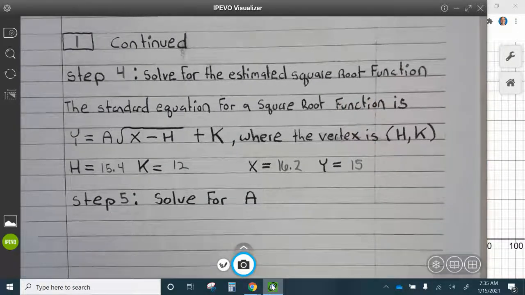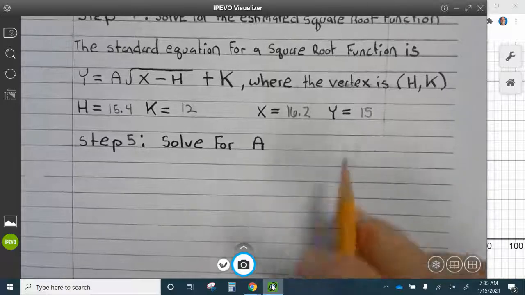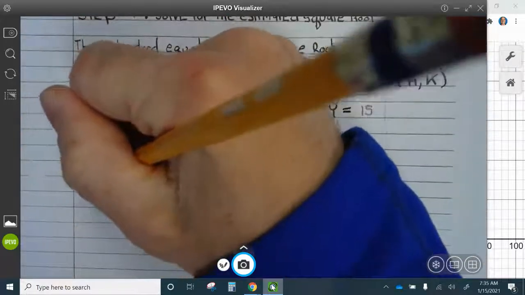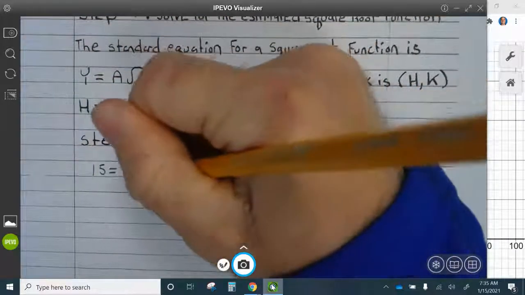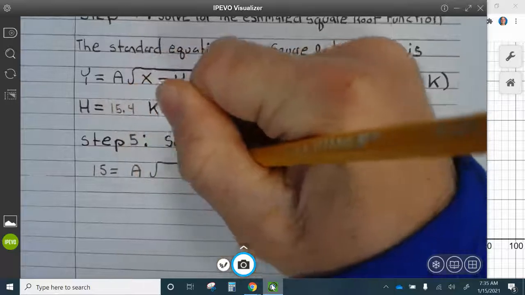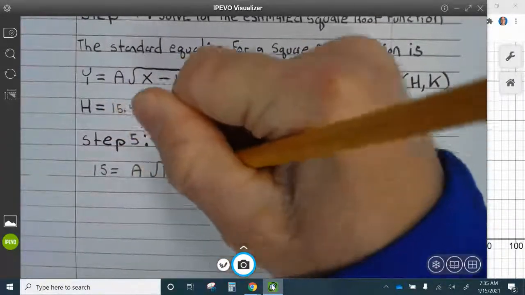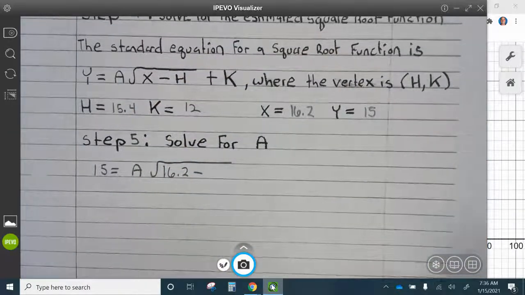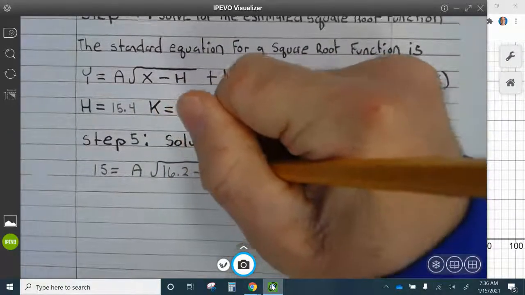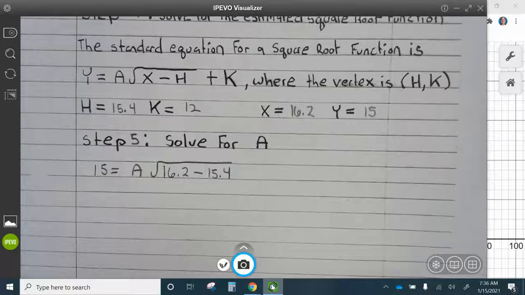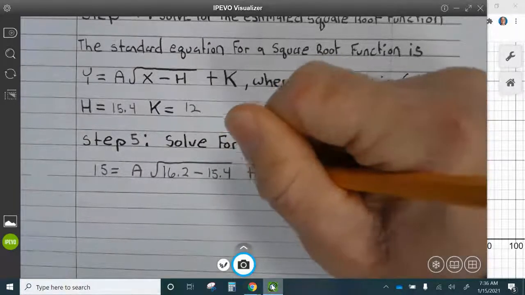So now we solve for a. We plug those numbers in. So y is 15, equals a, which we're trying to find, times the square root of x, which is 16.2, minus h, which is 15.4, and then plus k, which is 12.